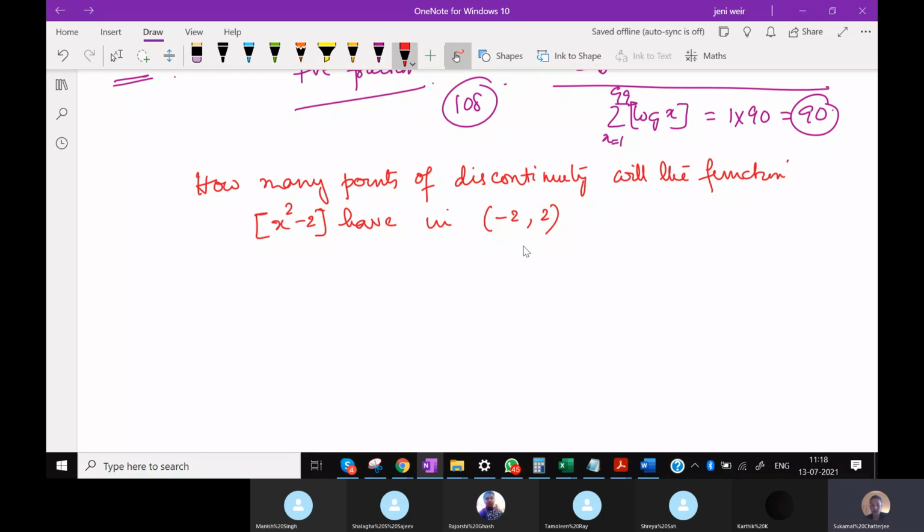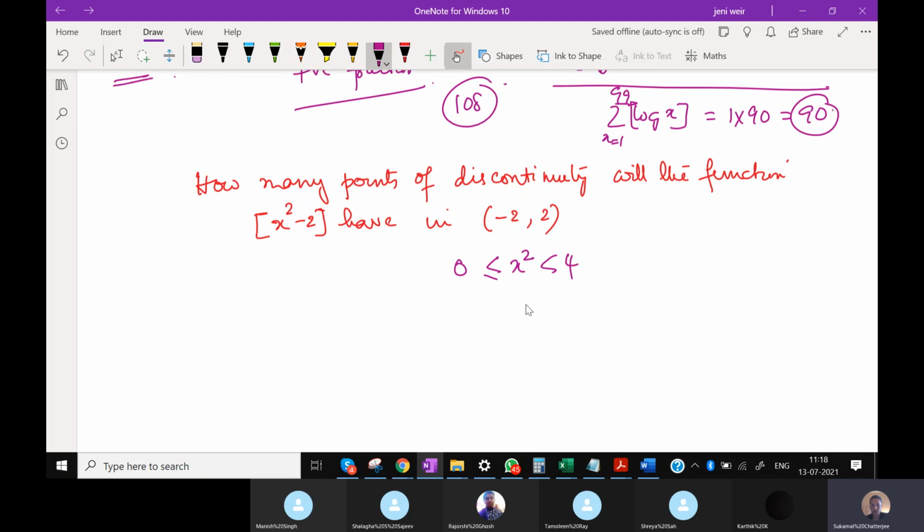It's an open interval. So that means x is lying between minus 2 and plus 2, which means x square will lie between 0 and 4. If x lies between minus 2 and plus 2, x square has to lie between 0 and 4.